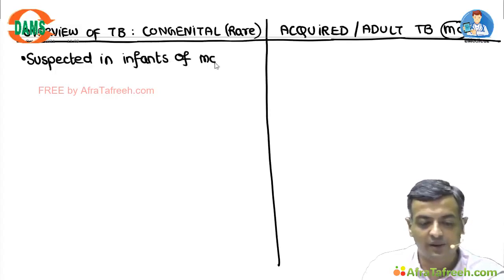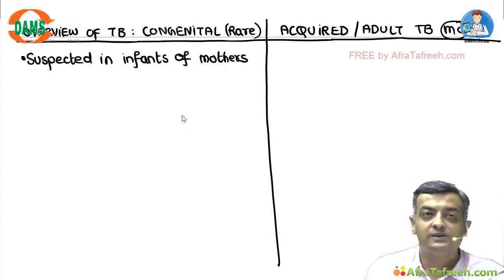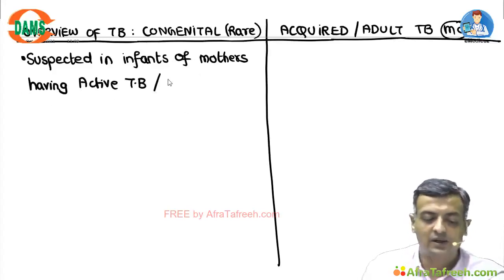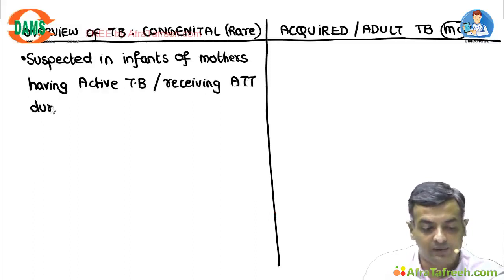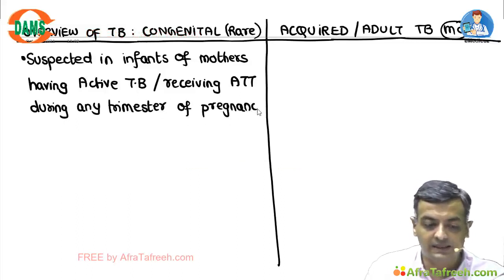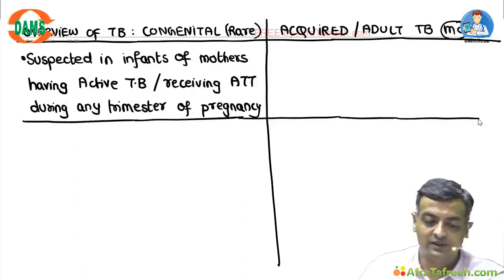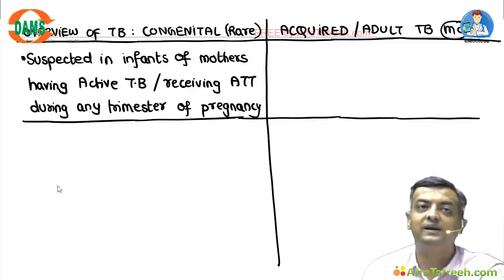Remember, all infants are of mothers, so we do not suspect it in all; add this further: suspected in infants of mothers having active tuberculosis or receiving anti-tubercular therapy during any trimester of pregnancy.